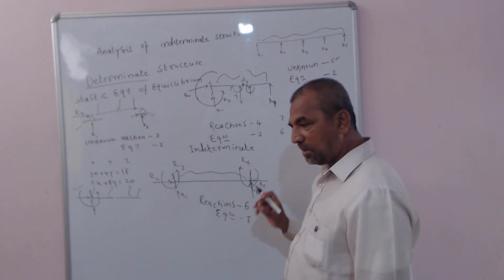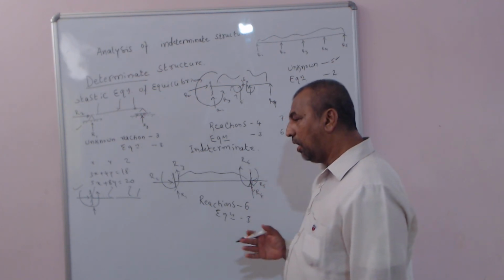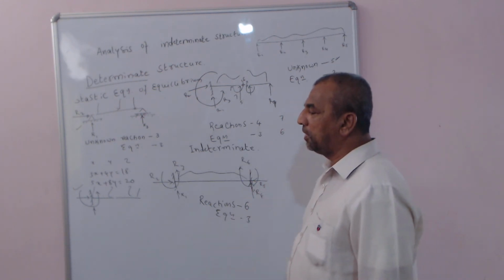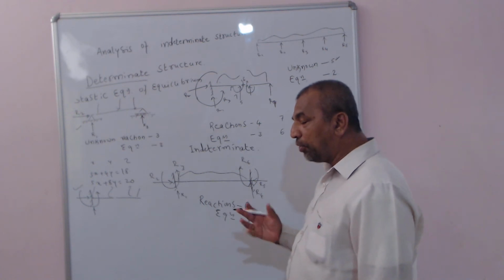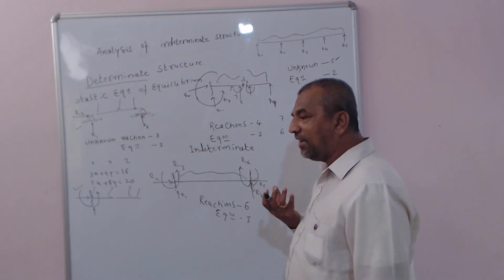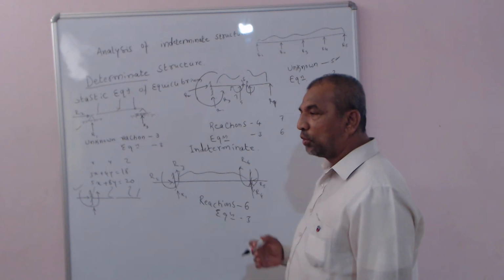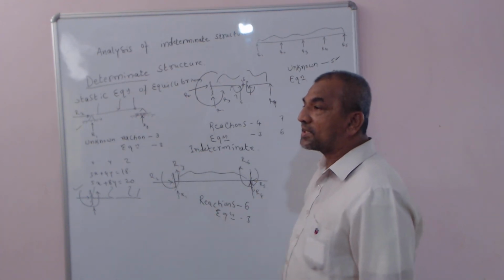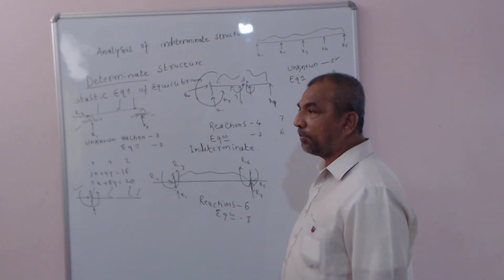In this structure, if indeterminacy is there, how can we analyze the indeterminate structure? Where from can we bring the extra or additional equations to solve the extra unknowns left out with us?